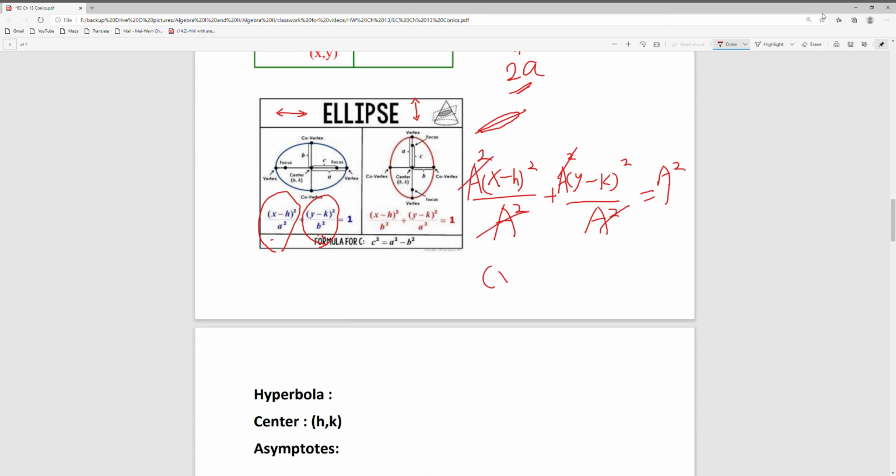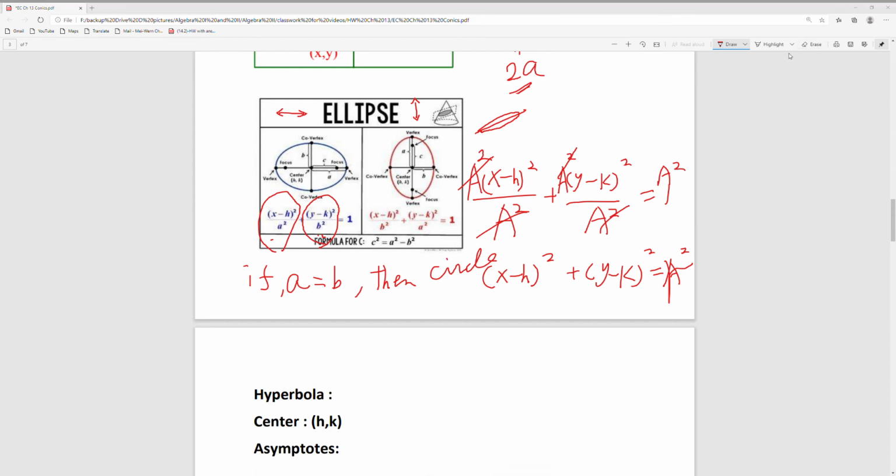So you are going to have x minus h squared plus y minus k squared equals a squared, or you can say r squared. So when a equals b, then you have a circle. It's not an ellipse at all. So for an ellipse, a does not equal b, right?